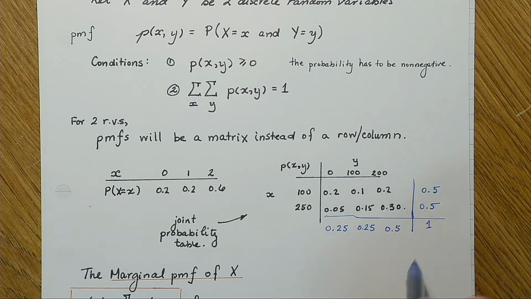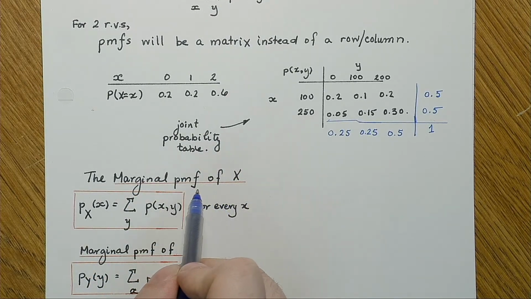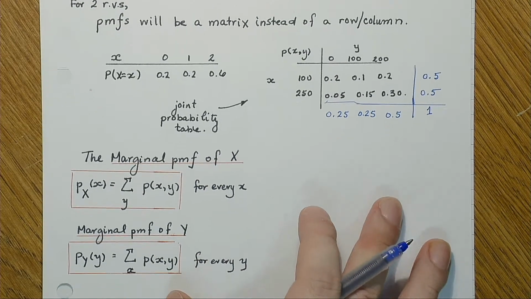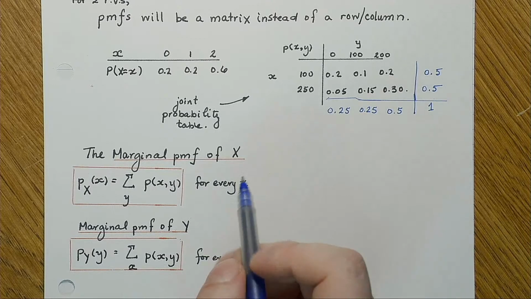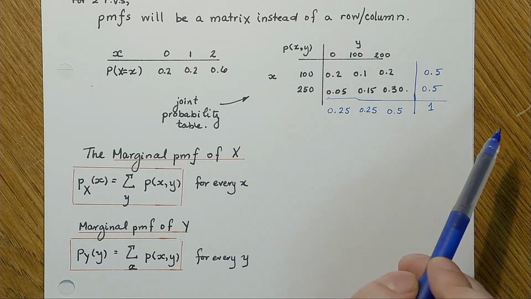I drew a margin in here and I calculated it. And that is what we also have with 2 random variables. We have what's called the marginal probability mass function of x, and we also have it for y. Essentially all that is, I'm summing up along a row or a column.